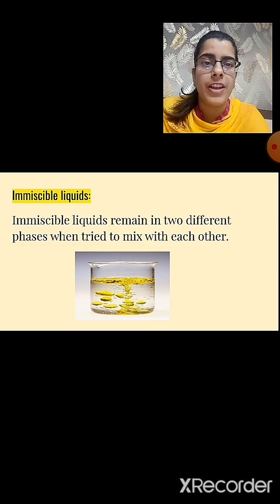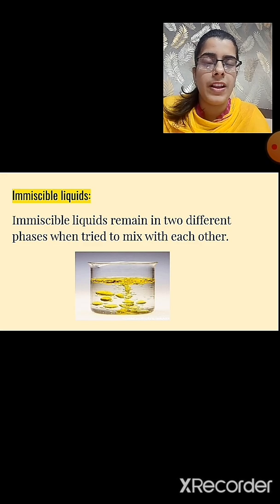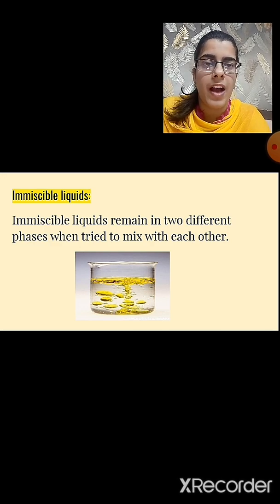What happens when you mix oil with water? You will observe two different layers, one of oil and another of water. The oil floats on the water, isn't it? Why does this happen? Because oil is immiscible in water. It does not get mixed with water. Such liquids are known as immiscible liquids.